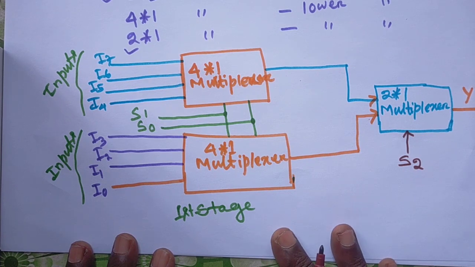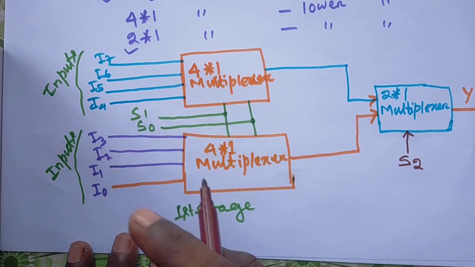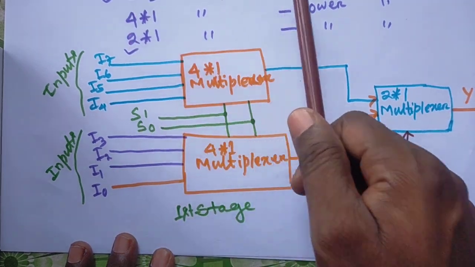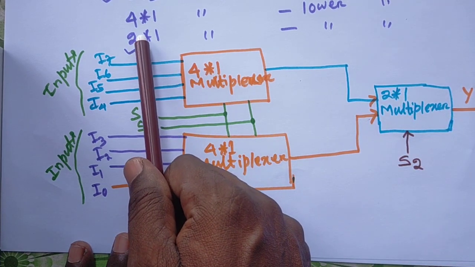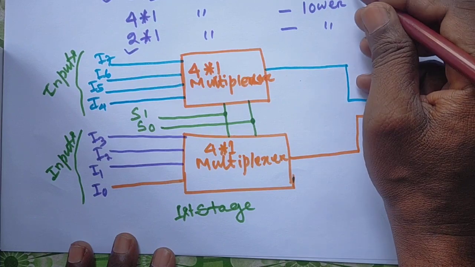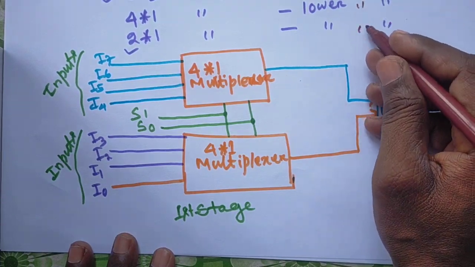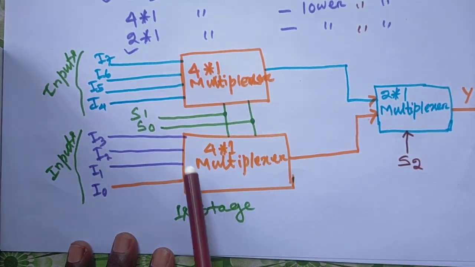Okay. But since we have to implement a higher order multiplexer using lower order multiplexers, we have to design it in this manner. Suppose we have to design an 8-1 multiplexer as a higher order multiplexer; then we can write it with the help of 4-1 multiplexers and a 2-1 multiplexer in this manner.